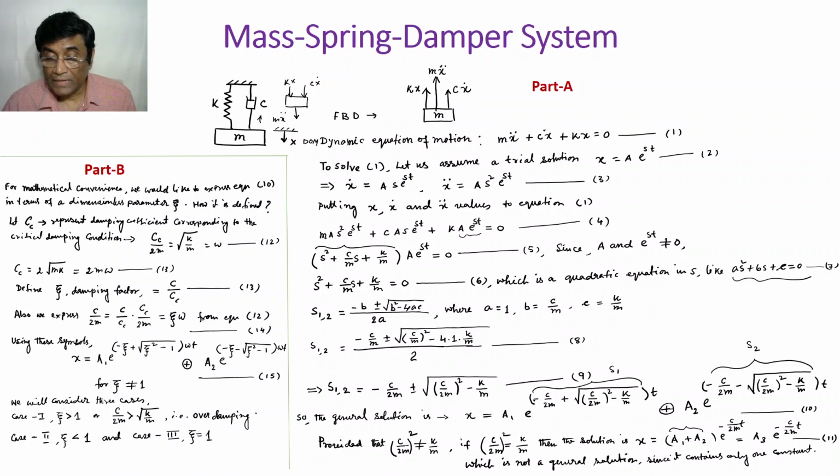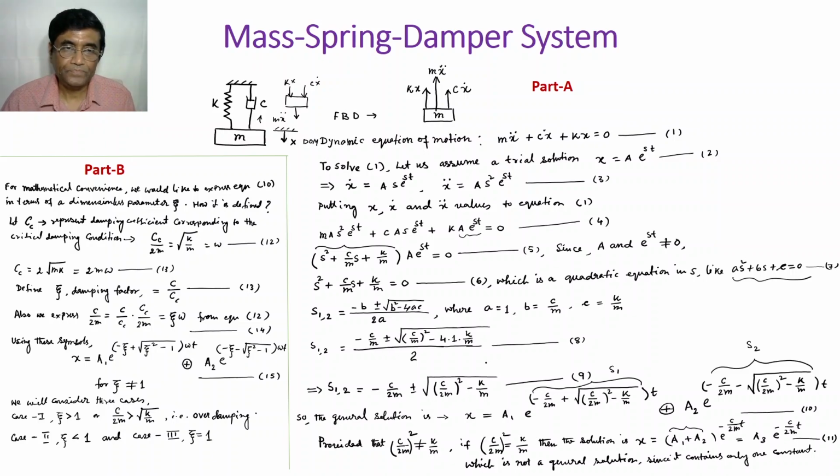Why? Because it is e to the power minus c by 2m, and in one place you have under the discriminant c by 2m square, and you are subtracting some quantity, so what comes out is a positive quantity, but it will be less than c by 2m. So a negative quantity plus some quantity which is less than this negative quantity: the negative sign will prevail.